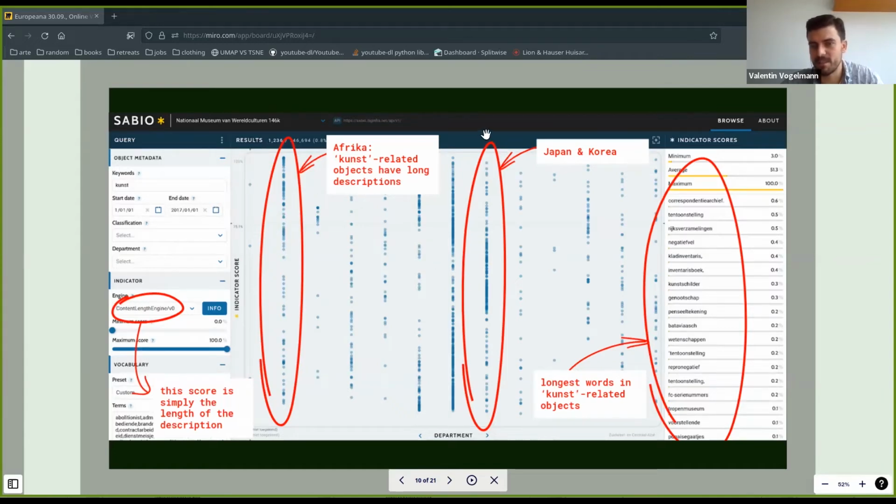In the department that they call Japan and Korea, these are rather in the middle. So again, we're not saying what is bias. We're not saying there's a bias toward art in Africa or anything like that. We're just pointing at properties in this collection.